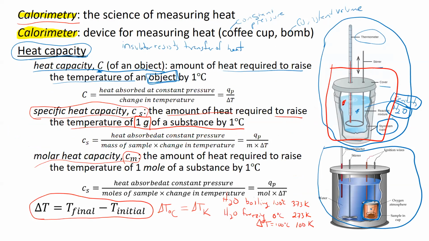If that chemical reaction is exothermic, the temperature of the water will go up because the water is absorbing the energy from the chemical reaction. If the chemical reaction is endothermic, the temperature of the water will go down, right? And so that's how you would measure the enthalpy change of a reaction.